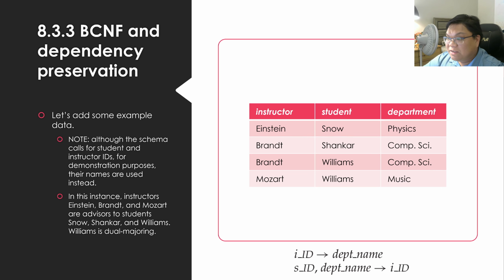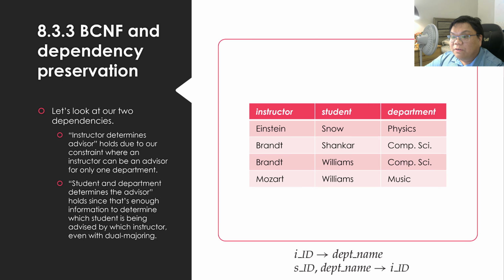So for this instance, we have 3 instructors and 3 students across 3 departments. Instructor Einstein is advising student Snow. Instructor Brandt is advising students Shankar and Williams. Instructor Mozart is also advising student Williams. And of those 3 students being advised, Williams is dual majoring.